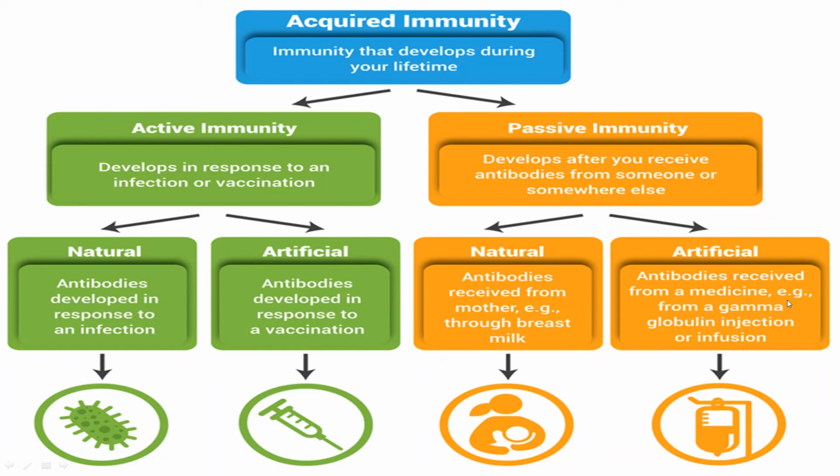Any kind of medicine, from gamma globulin injection or infusion, or from the intake of these antibiotics, which are actually formed from the bacterial body only, right? So this can help our acquired immunity.